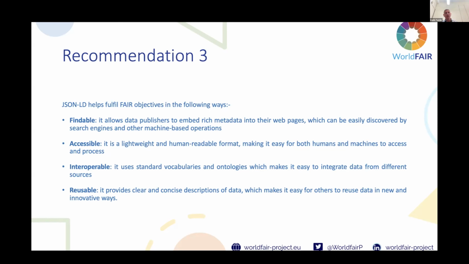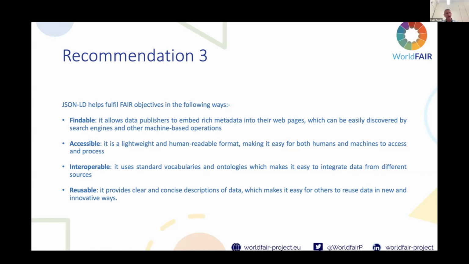JSON-LD is also reusable in that it provides clear and concise descriptions of data, so that it makes it easy to reuse this methodology in new and innovative ways. So in terms of the application of FAIR to metadata and to rich metadata, working with these standards and with these applications is a core recommendation that we're making.